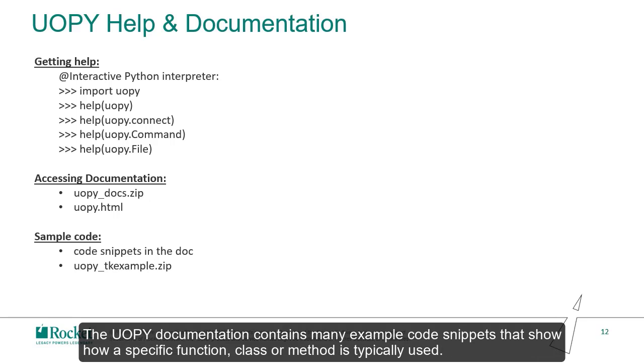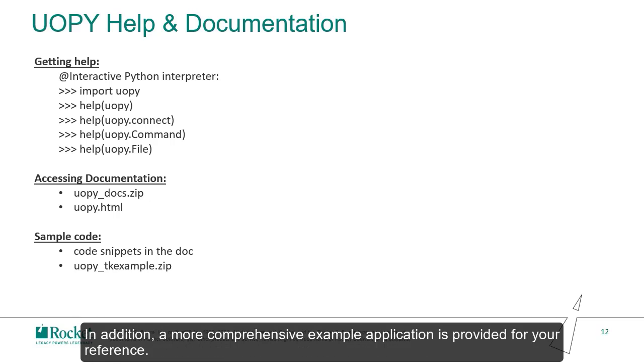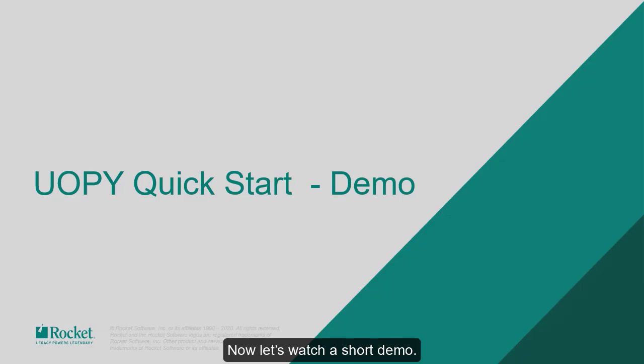The UOPY documentation contains many example code snippets that show how a specific function, class, or method is typically used. In addition, a more comprehensive example application is provided for your reference. Now let's watch a short demo.